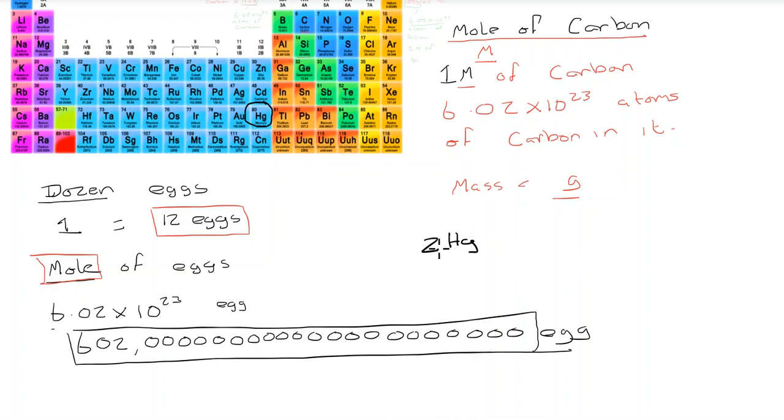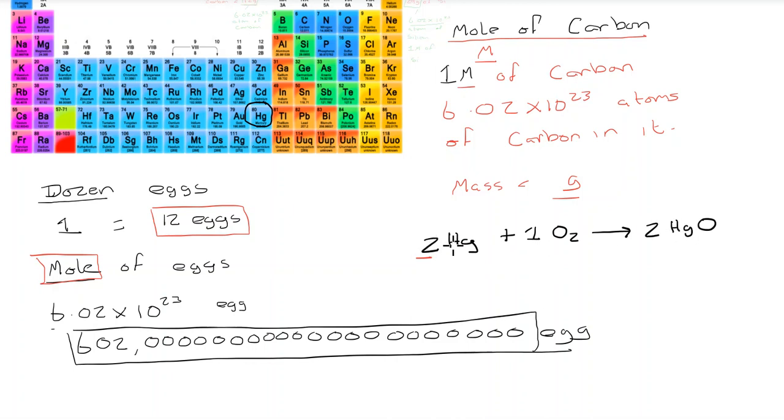If we have 2 moles of mercury and we react that with 1 mole of oxygen, of the oxygen molecule, that will react and give us 2 moles of mercury oxide. You have the reactants on the left, and your products on the right.